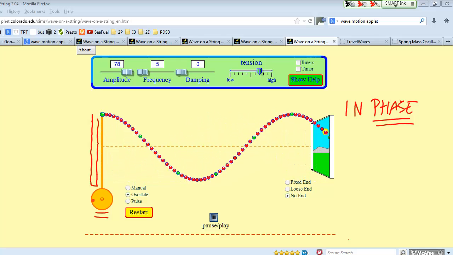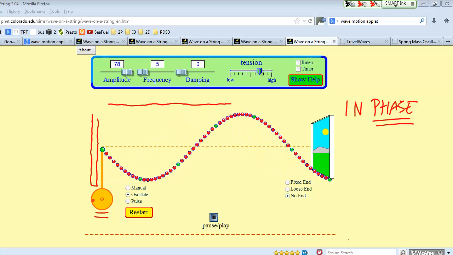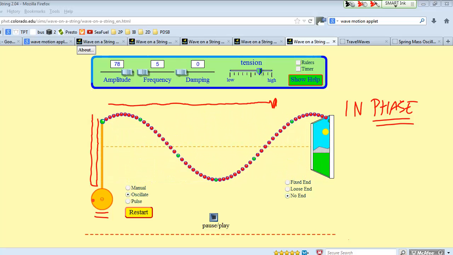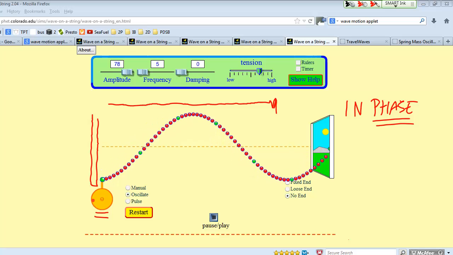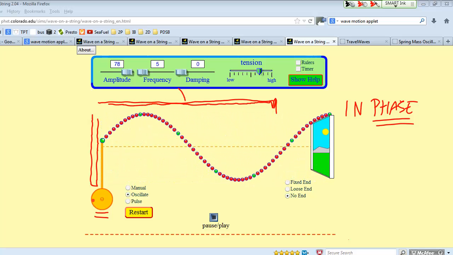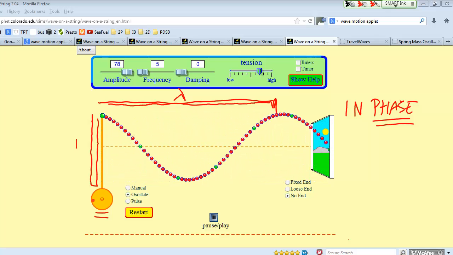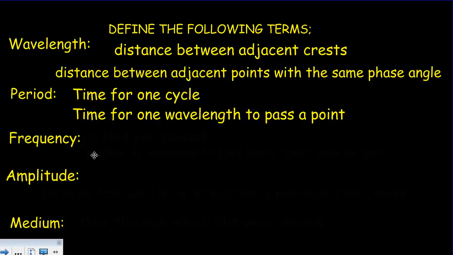I'll go out to the crest. The crest gets to here. So that wave, that crest, passed through exactly one wavelength when the oscillator went through one cycle. So we can say that the period is the time for one wavelength to pass a point.